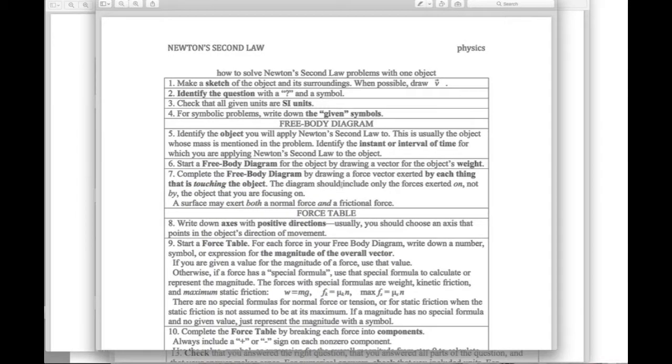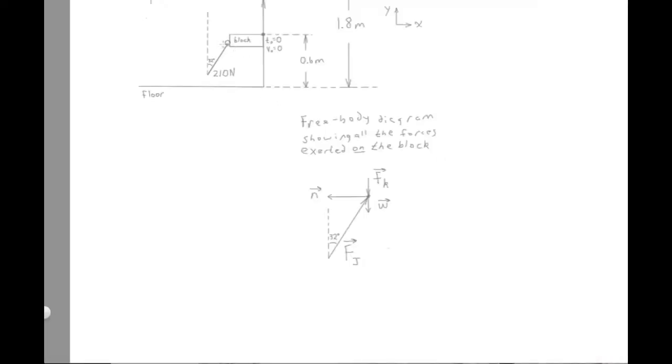Okay, so we applied our normal approach here of completing the free body diagram by considering each thing that is touching the object. I believe this is only the second problem where we had an applied force being applied directly by a person pushing on an object. So we had to adapt to that. That should have been pretty easy though, because that force was already drawn for us in the picture.